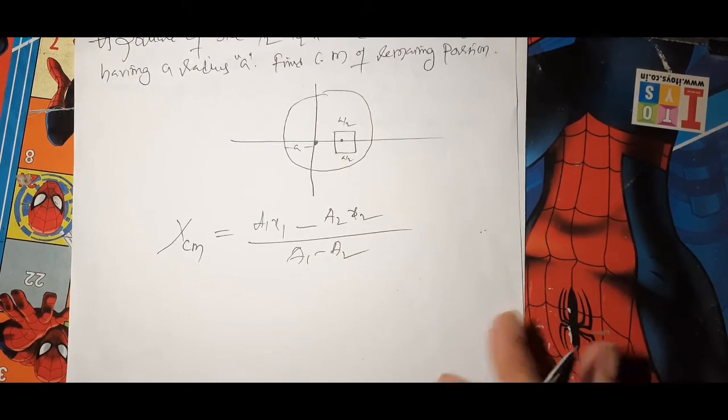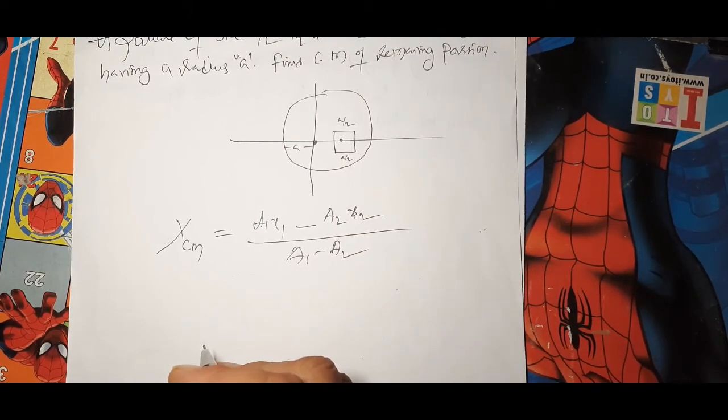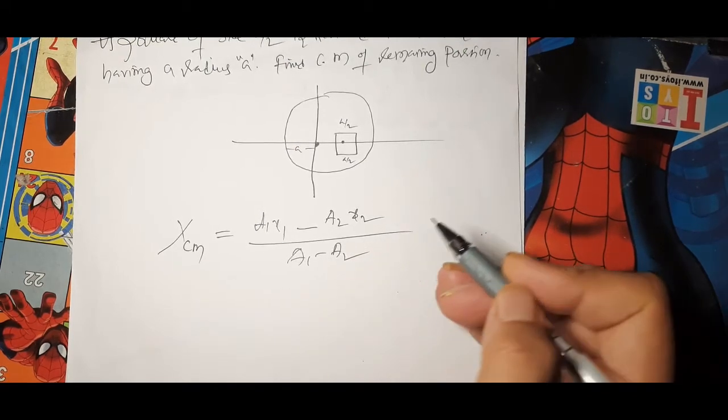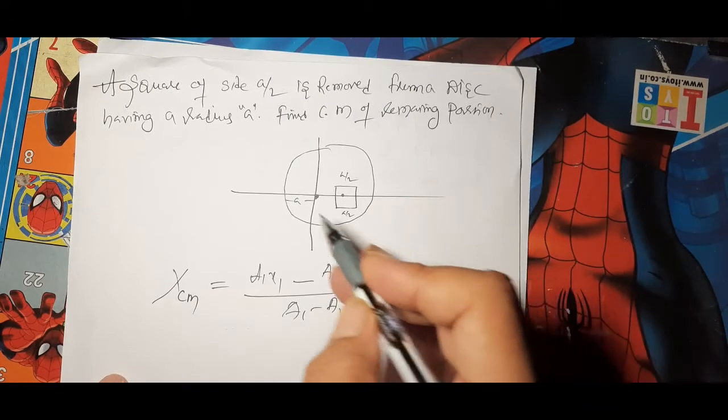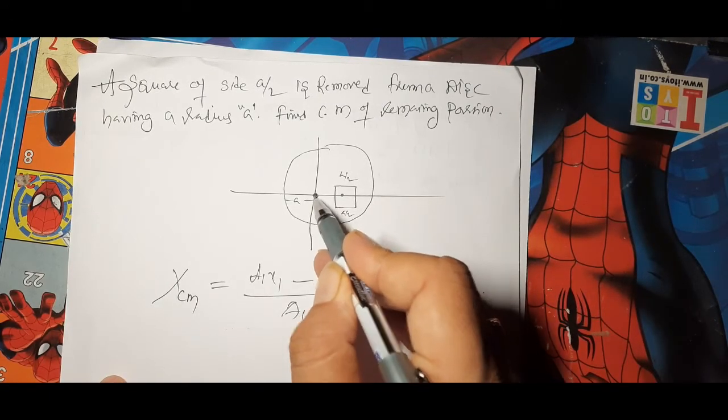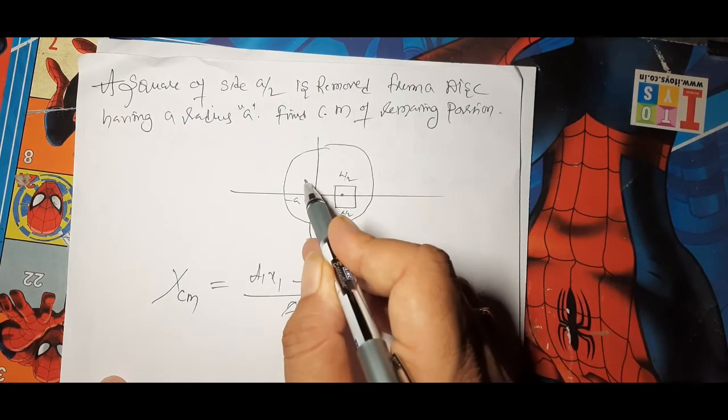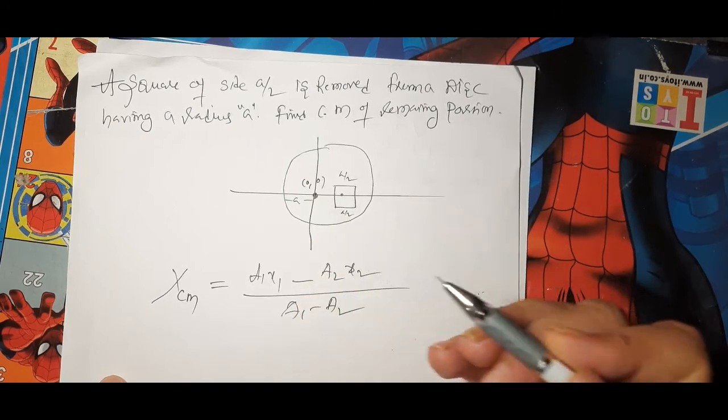Here this is a circular disc. Where is the center of mass of the circular disc located? At this point. What are the coordinates of this center of mass? 0, 0.